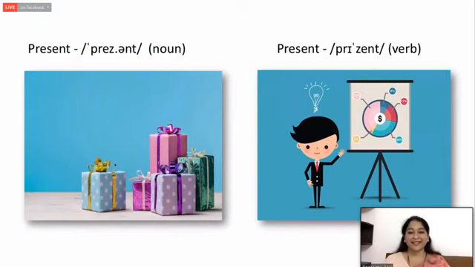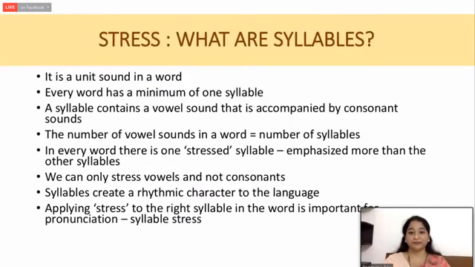So here I am to present today's session. But if I switch the stress, this is your present for your birthday, the meaning changes. Also note that present is a noun, present is a verb. So your pronunciation has a deep impact based on the stress that you give.